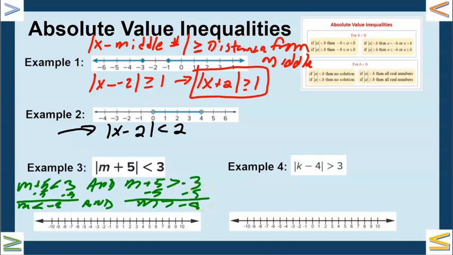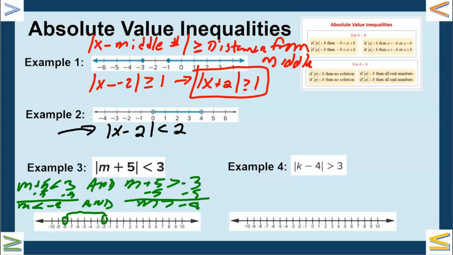So if I put open circles at negative 2 and negative 8, so it's less than negative 2, but greater than negative 8, here would be my inequality and my solutions on the graph.